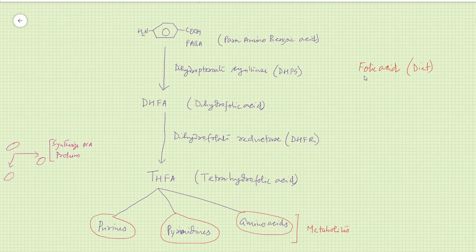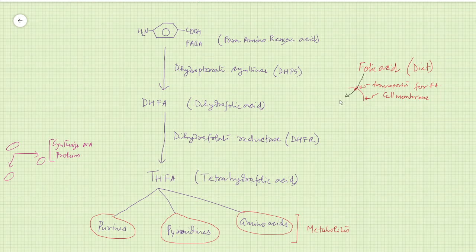Let's say this is the cell membrane, and this is a transporter for folic acid, and this transporter enables folic acid to be taken into the cell.